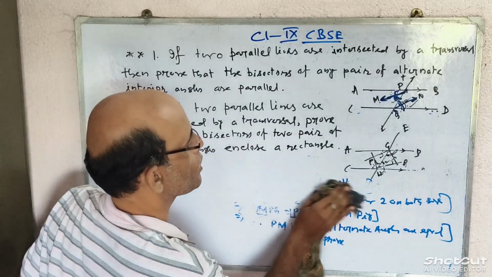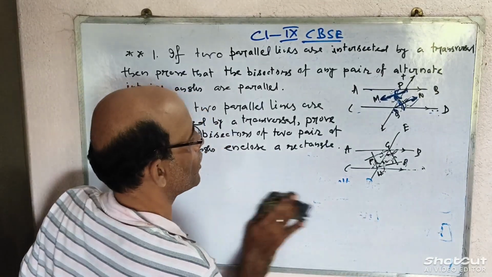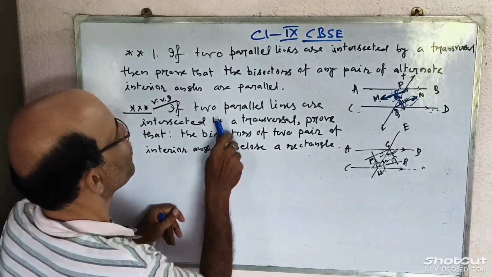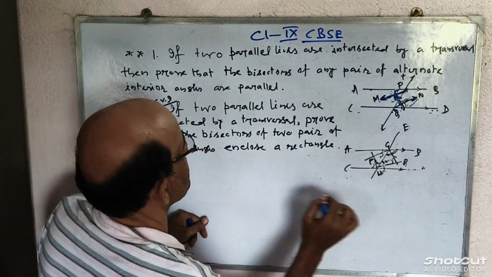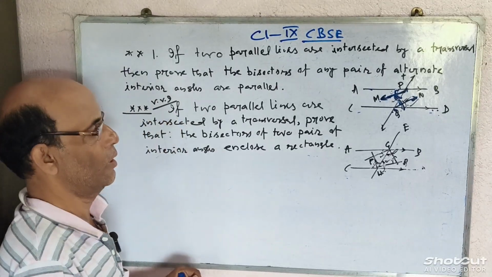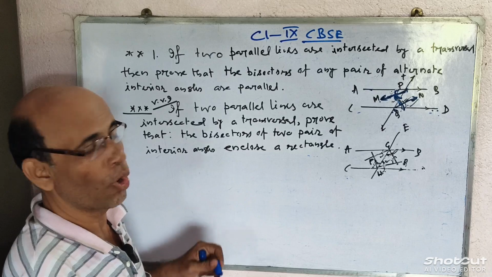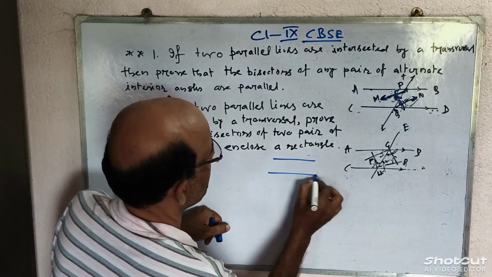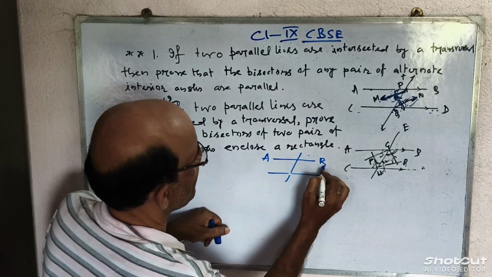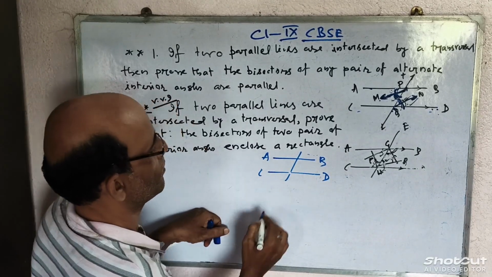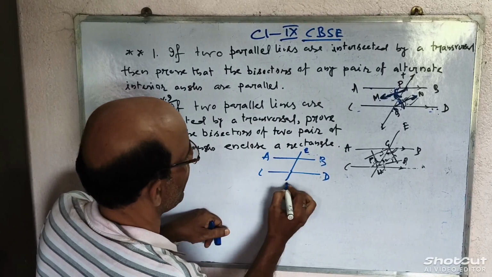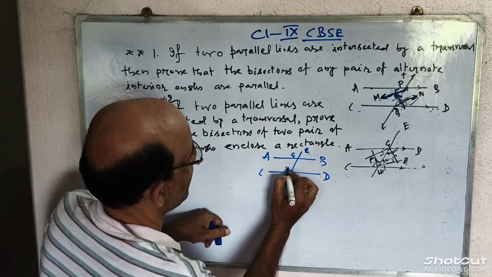Question number 2, which is also written on the whiteboard. If two parallel lines are intersected by a transversal, prove that the bisectors of four interior angles, not alternate interior, form a rectangle. That means AB and CD are two parallel lines, they are intersected by a third line EF at G and H respectively.